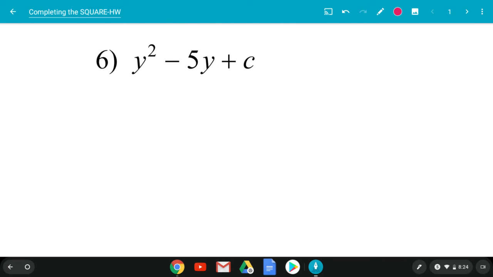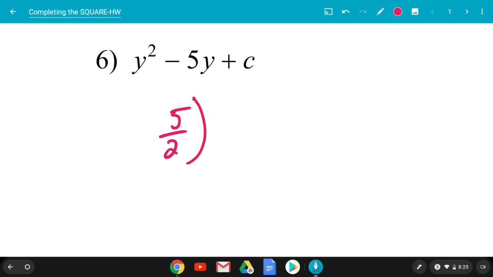Oh boy. Now, every one I've given to you up to this point, that middle number's been even. What happens when it's odd? Well, watch this. 5 divided by 2. Okay, 2.5, but I don't like those decimals.